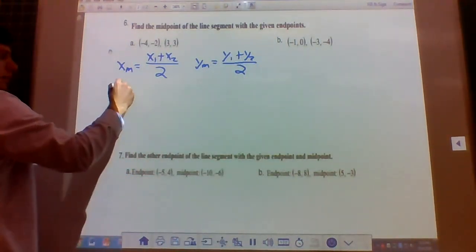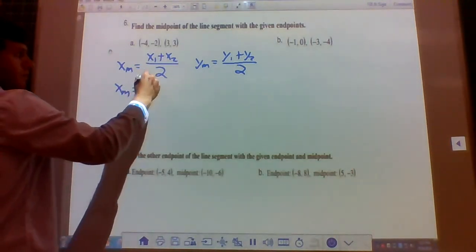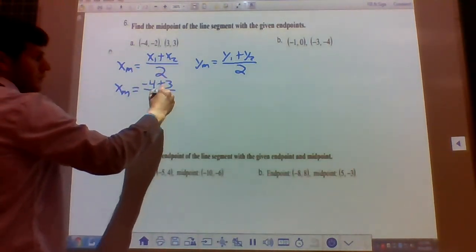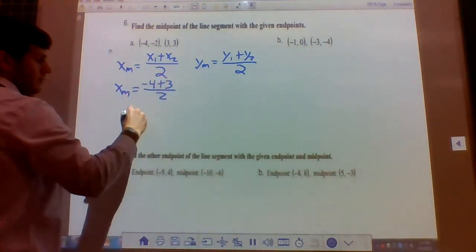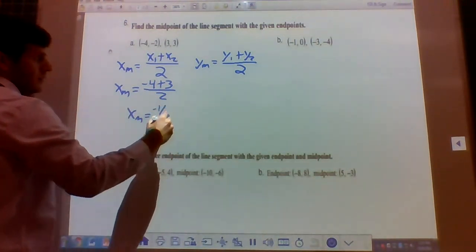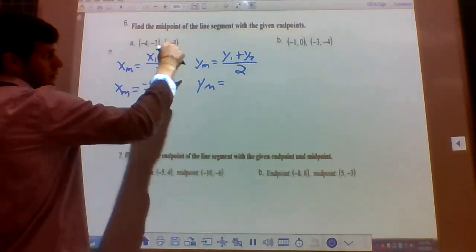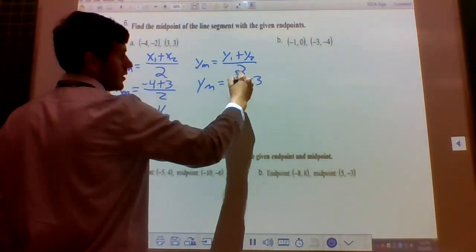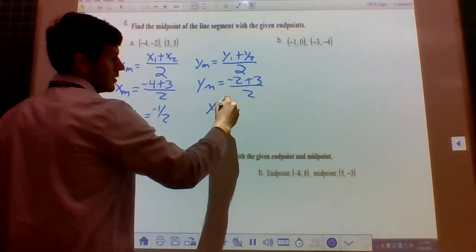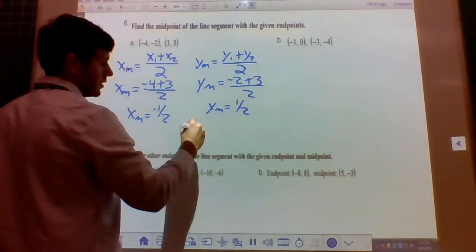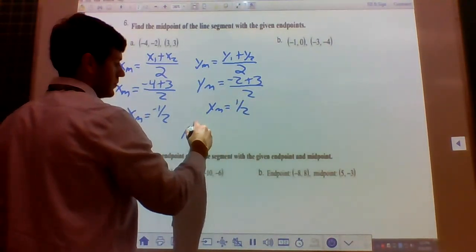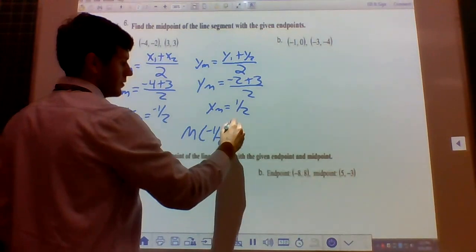So xm, or x value of our midpoint, is going to be negative 4 plus 3 over 2, which is negative 1/2. Our ym here, it's going to be the average of the two y values, so negative 2 plus 3 divided by 2, which is going to be positive 1/2. So our midpoint m is going to be negative 1/2, 1/2.